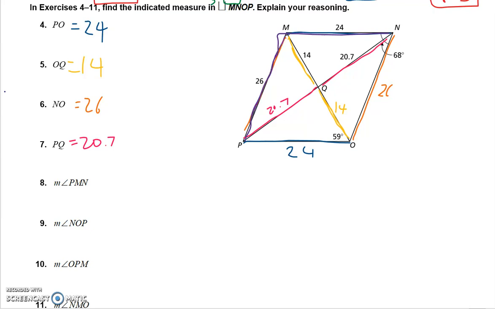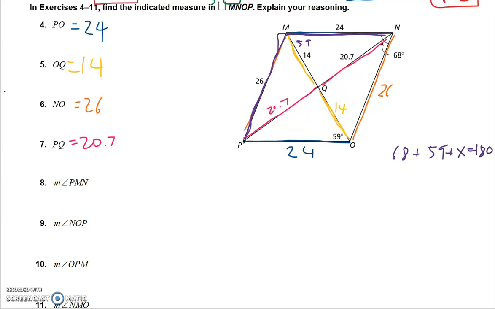Alright, so I need this angle right here. Well, we know that this is 59 down here, so this is also 59 here. We know that this whole thing is 68, so 68 plus 59 plus whatever else has to equal 180.